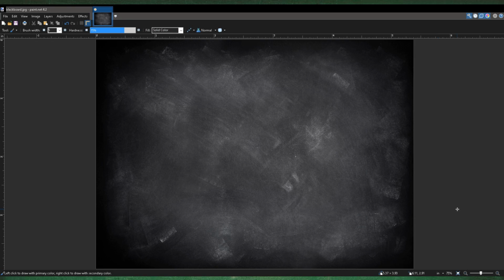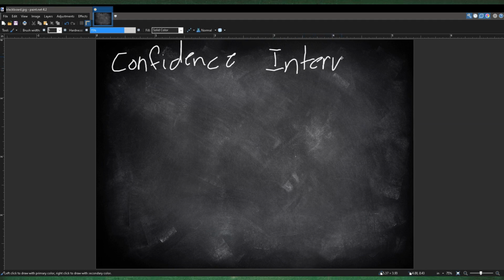So that's basically all you had to do. Then you can follow this up with a confidence interval. Let's say you want to do a 95% confidence interval, which is usually the confidence you want.